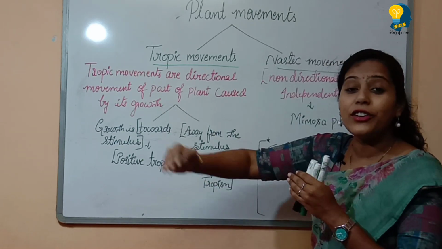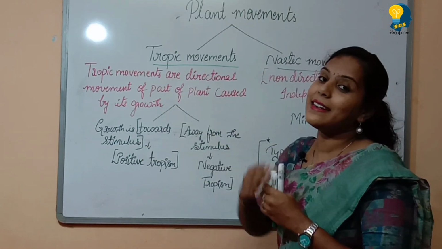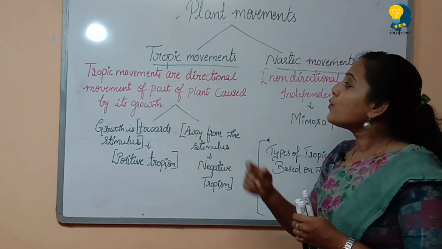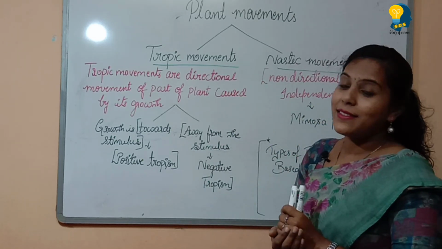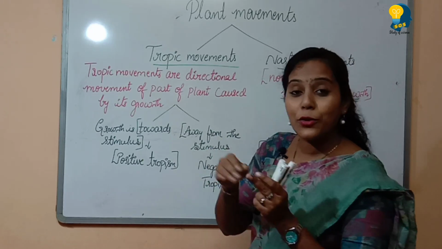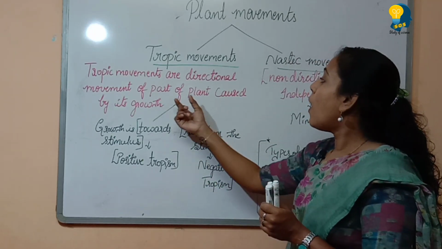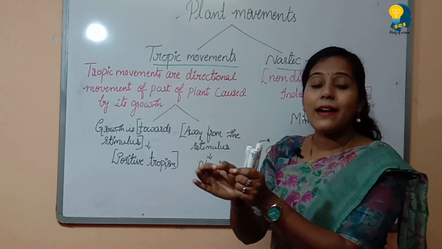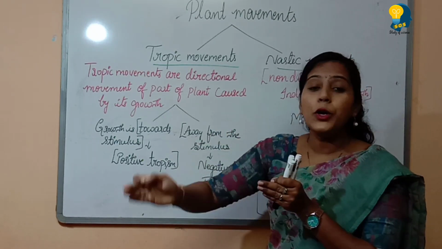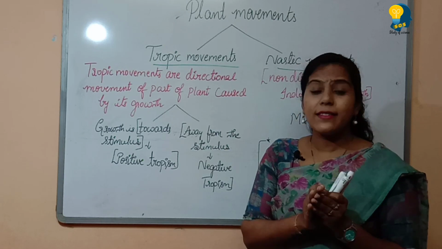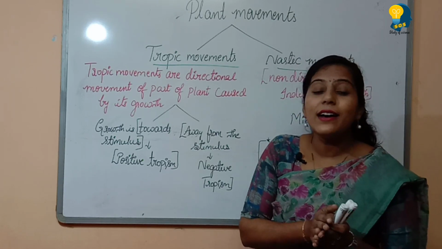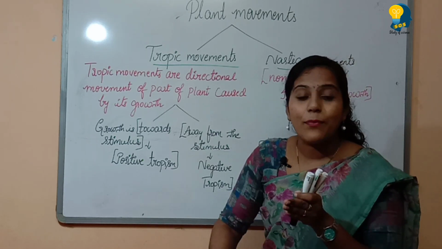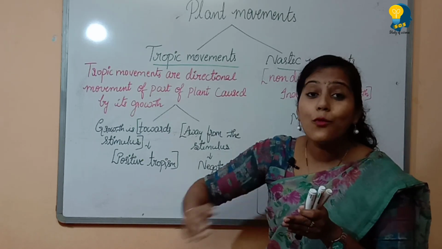Plants show directional growth towards one particular direction. So how can we define tropic movements? As I told you, they are the directional movement of a part of a plant. It means one particular part of the plant is showing movement towards one particular direction. For example, roots show movement towards the soil and towards the water.